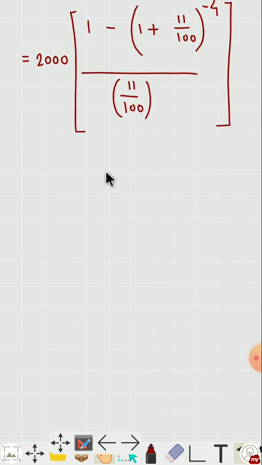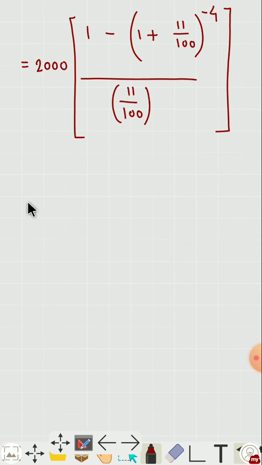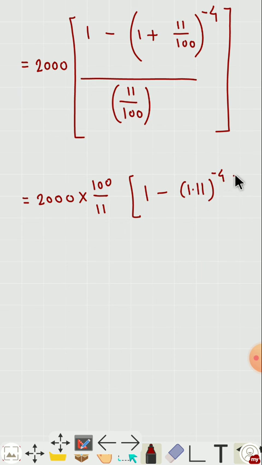Now try to simplify this expression on the right hand side of the equal sign. 2000 as it is, into, this term we take outside and write like this, 100 upon 11, and inside the bracket there will be 1 minus the value of this expression. How to calculate it, we know that value is 1.11 raised to the power minus 4.